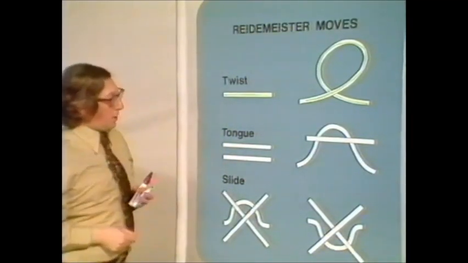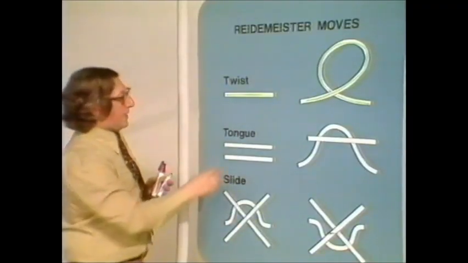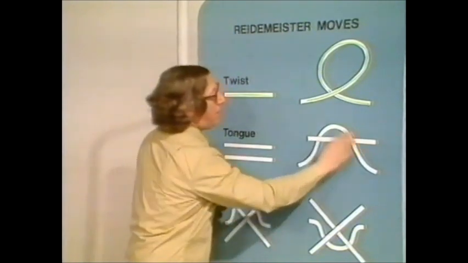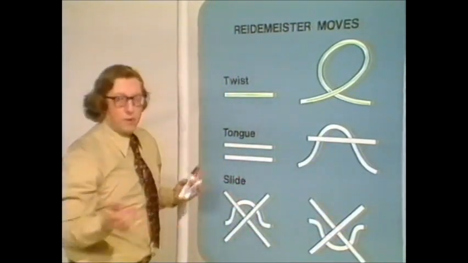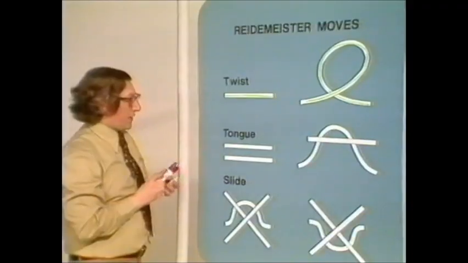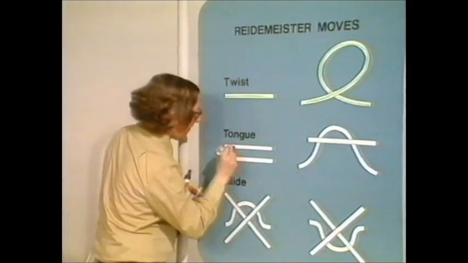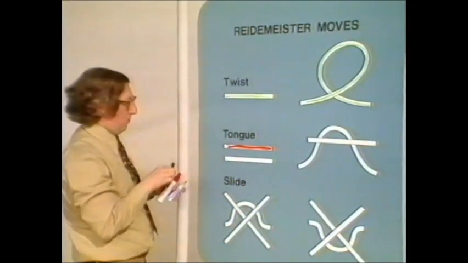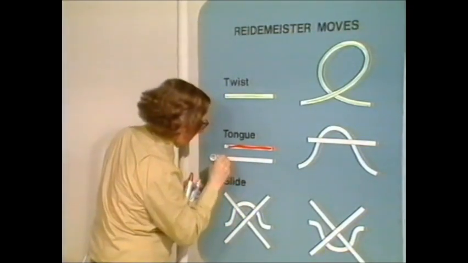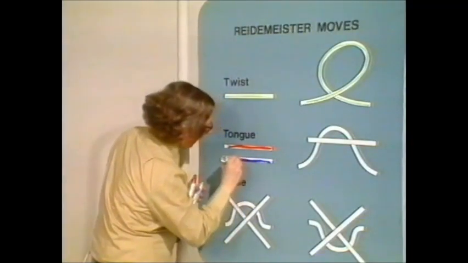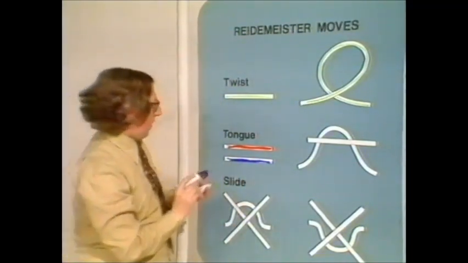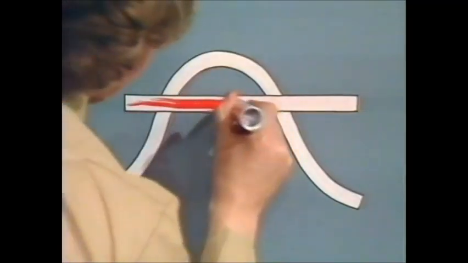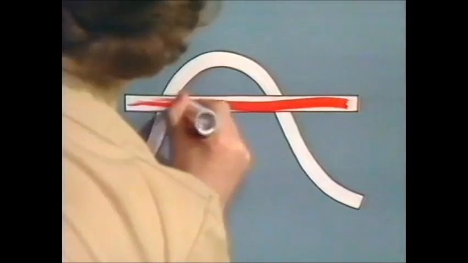Now, what about the tongue? Well, I suppose there are a few cases. The easiest case is if it's both the same color, and then everything would be the same color here, and so that wouldn't affect anything. So let's try another case where this is red, and this is blue. Now, the top strand here is red, corresponding to that red one.